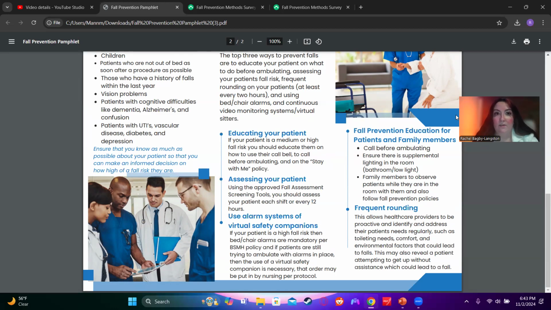So those telesitters were a heavy hitter during my research. They were in about 6 out of the 10 nursing journals I used. And then fall prevention education for patients and family members and frequent rounding at least every 2 hours.